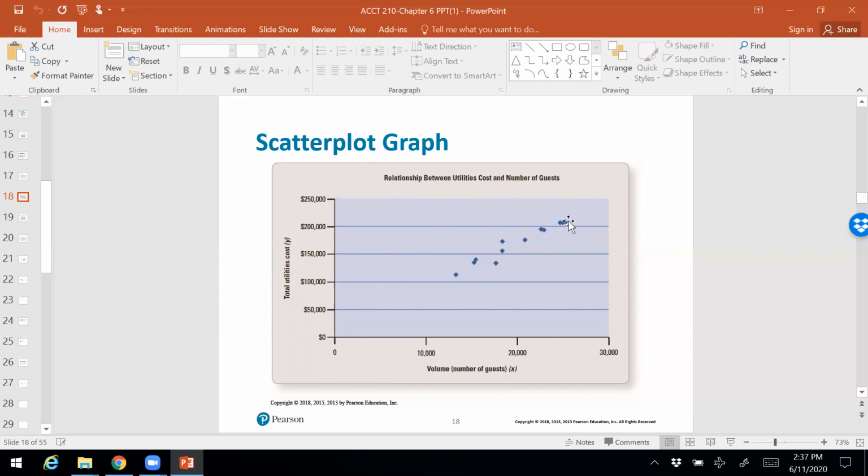If you have more guests, like around 25,000, I'm making up a number, then your total utility cost will be high. If your volume is low, your total utility cost will be less. So you can even use your eyes to observe there is a trend, there is a relation. So we can just say, hey, they are positively related. More volume will have higher utility cost. This is what you will get from the scatter plot graph.